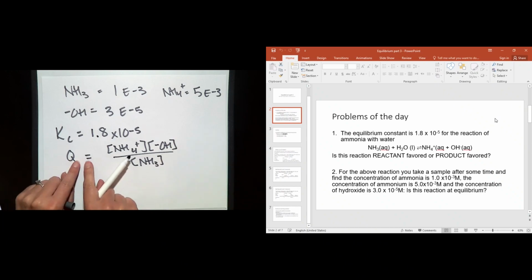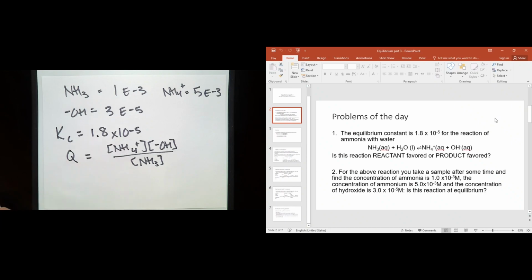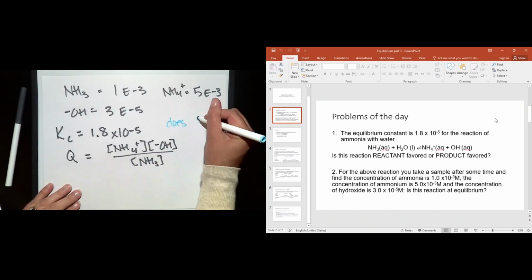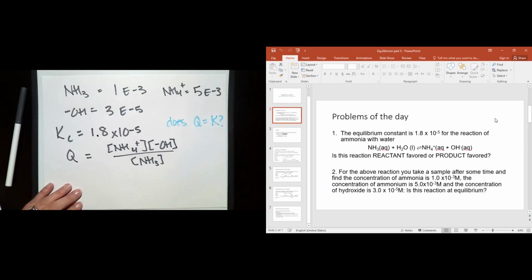When it's equal numerically to the value of K, we can then say it's at equilibrium. So we're going to just plug these numbers in and ask, does Q at any time equal K at equilibrium?